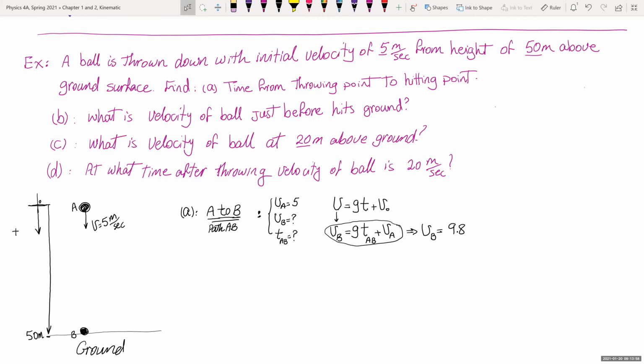Let me see. We have time, which is unknown. And we have initial velocity, which is 5.